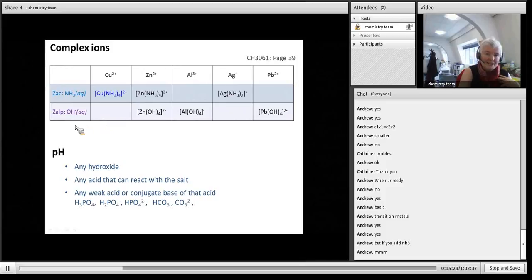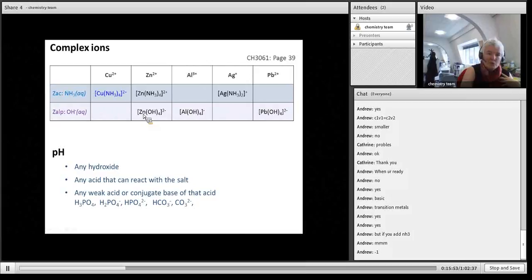ZELP is with hydroxide, and notice they all have 4 ligands attached. So the OH minus surrounds the zinc. There's 4 of them. Zinc is 2 positive. What is the charge on a hydroxide? It's there in case you can't remember. -1. So if I've got 2 positive surrounded by 4 negatives, my overall charge is 2 negative.